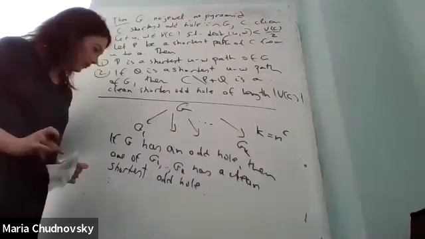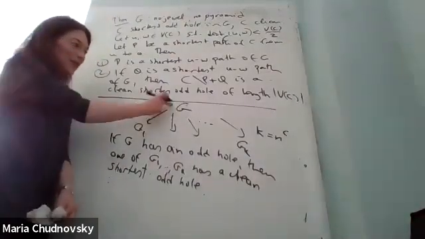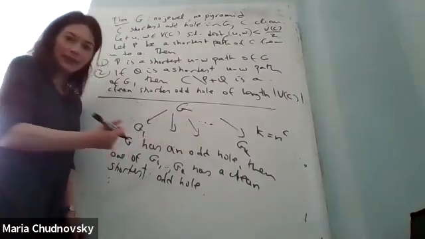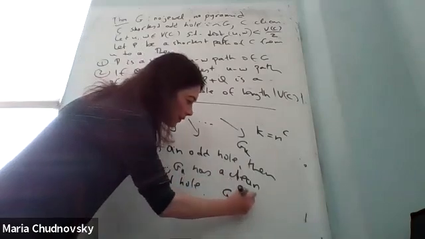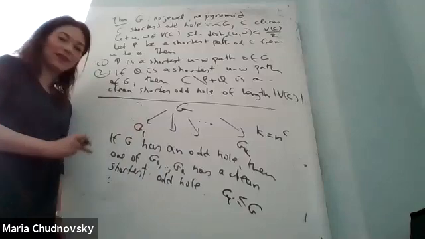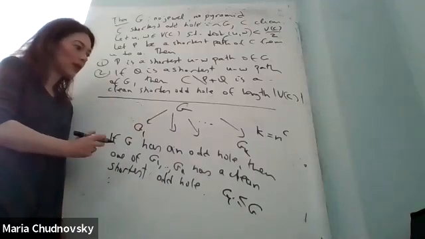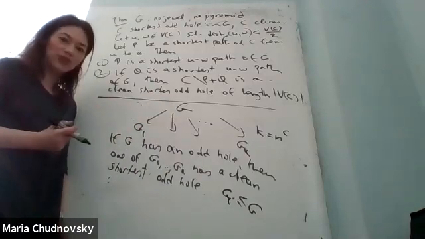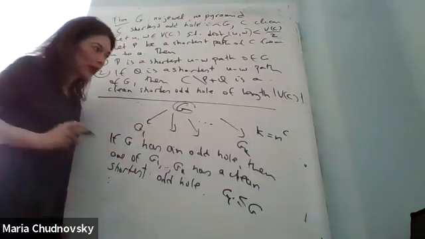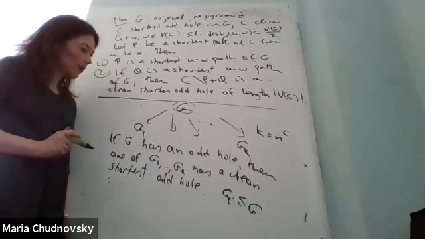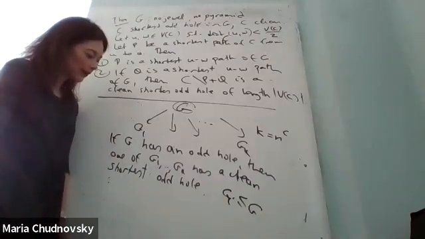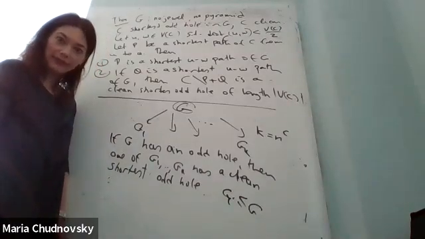I start with some graph and want to create polynomially many instances, but in our case they will all be subgraphs. All I'll do is delete some subsets from G in such a way that if G had an odd hole, then in one of those outputs I'll be able to use my shortest path detector. If G has an odd hole, then one of those outputs has a shortest odd hole that's clean.